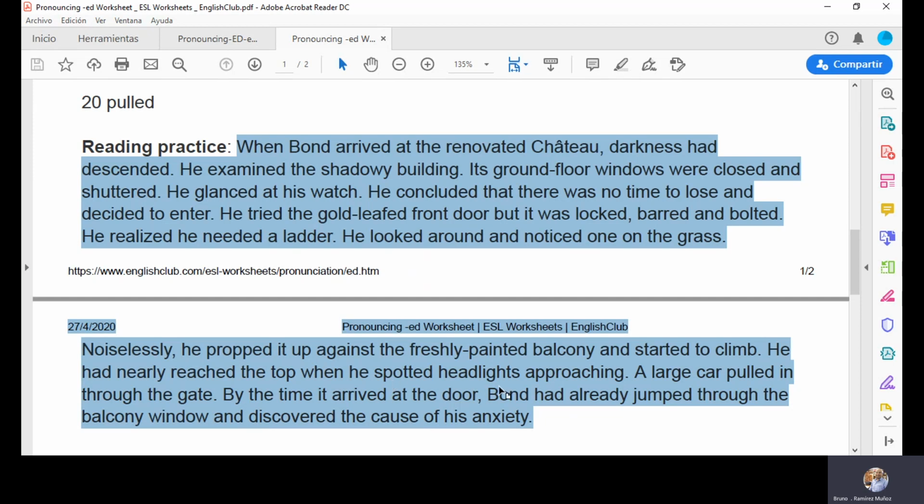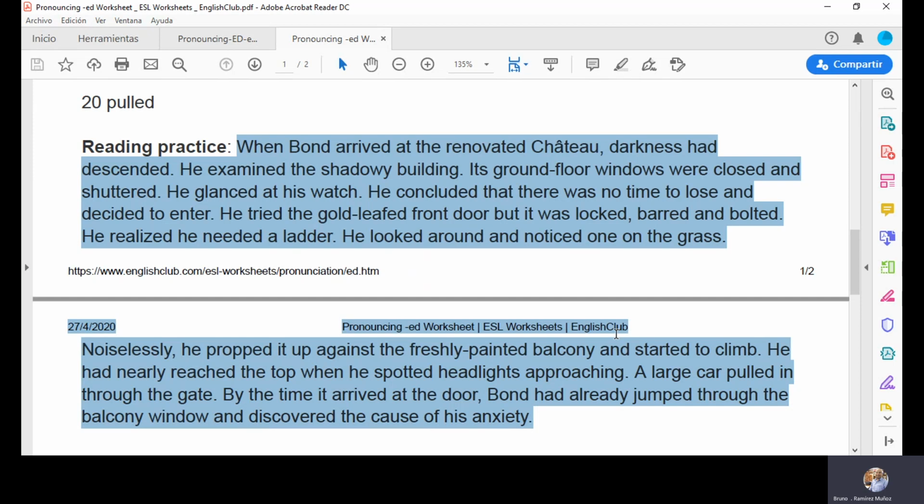A large car pulled in through the gate. By the time it arrived at the door, Bond had already jumped through the balcony window and discovered the cause of his anxiety.